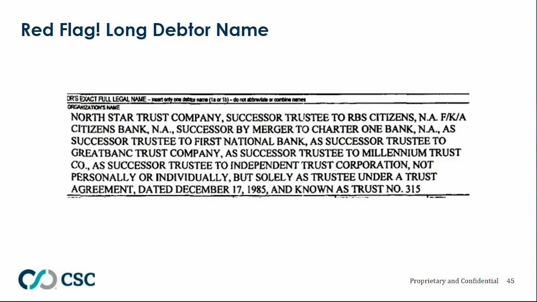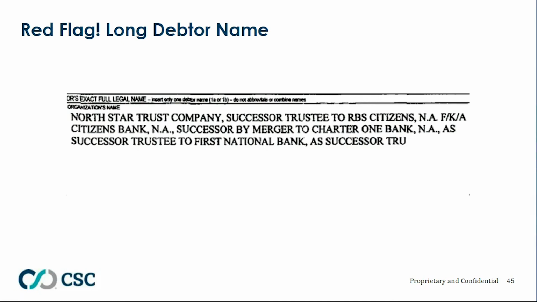And unfortunately, in this state, they only take 180 characters, and that means the name got cut off in mid-word at one point. And to make matters worse, the only unique identifier here was at the very end. So this certainly, under any measure, would be seriously misleading and not effective. So always pay attention to long debtor names.